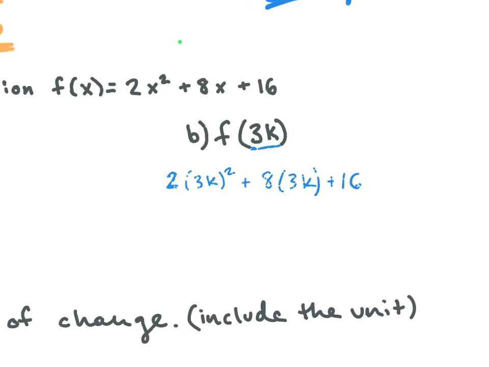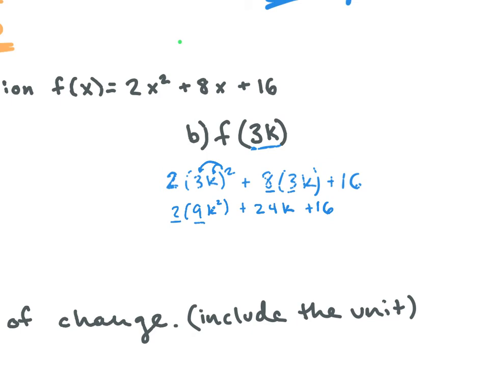So first thing we need to do is our 3k squared. So we have to square our 3 and square the k. So this becomes 2 times 9k squared plus 8 times 3k, so we can multiply our numbers together. So this is 24k plus 16. We can multiply our numbers together here.